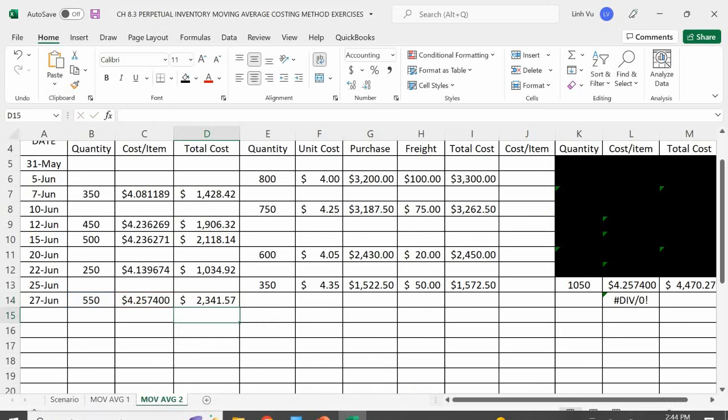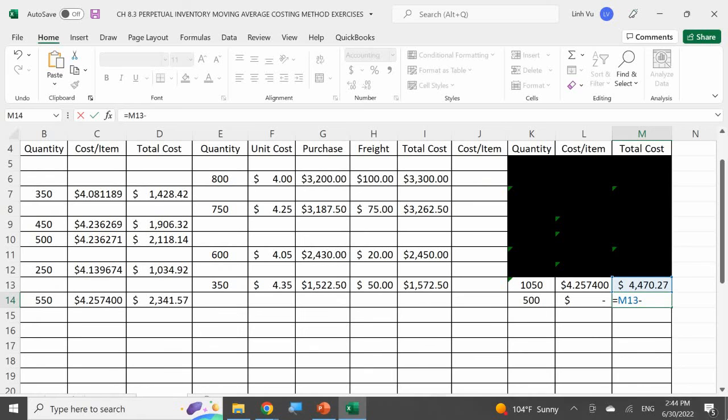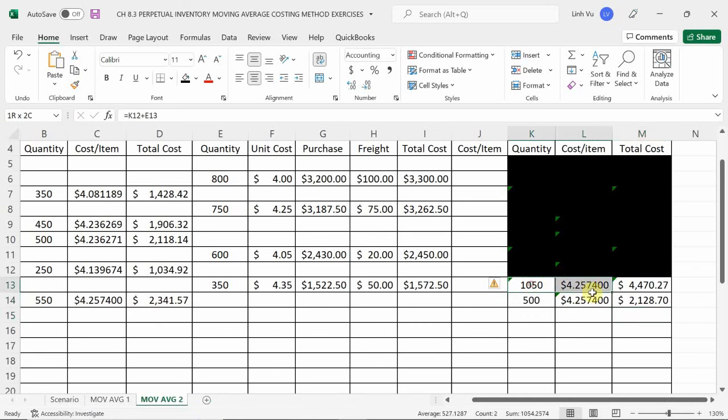Okay, good. So let's subtract it out. After I sold the 550 units, I have 500 units left remaining, which matches what the inventory at the end of the month said it would be. Right? And if you subtract it out, you should get an ending balance in your total cost to be $2,128.70. So then that will still keep your average cost to be the same exact number there, okay?